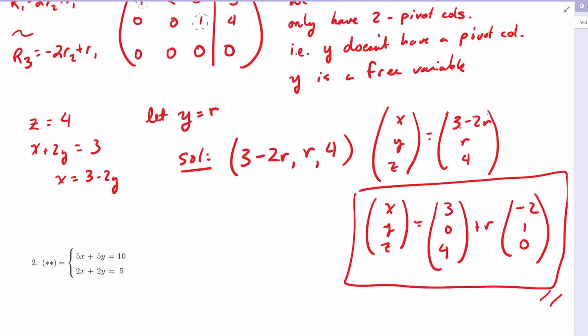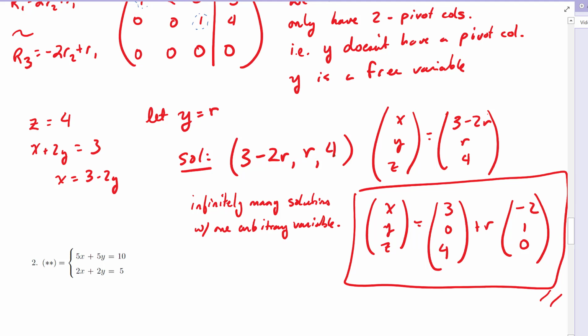This is the first example where we have infinitely many solutions with one arbitrary variable. Meaning, for whatever real number I pick for r, let's say we pick r as 1, we could come up with a solution to the system.